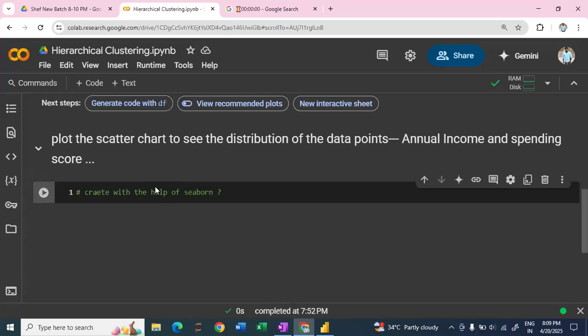I did it with Seaborn. Perfect. What about others? Malaz, Andrew, what about you? Shikshita?